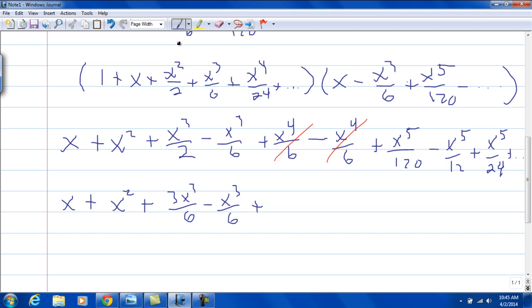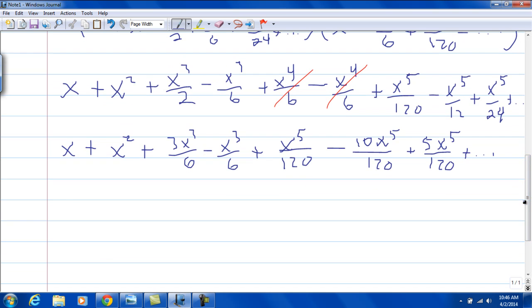And then we have x to the fifth over 120 minus, and the common denominator here is going to be 120. That's going to be 10x to the fifth over 120. And then multiplying by 24 by 5, we're going to have plus 5x to the fifth over 120. Okay.